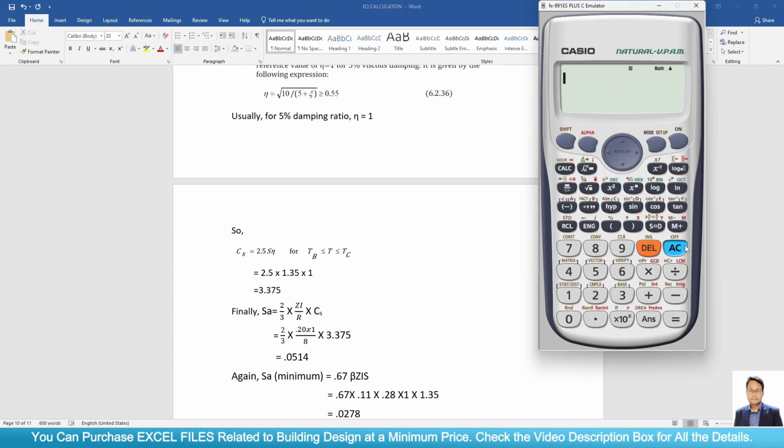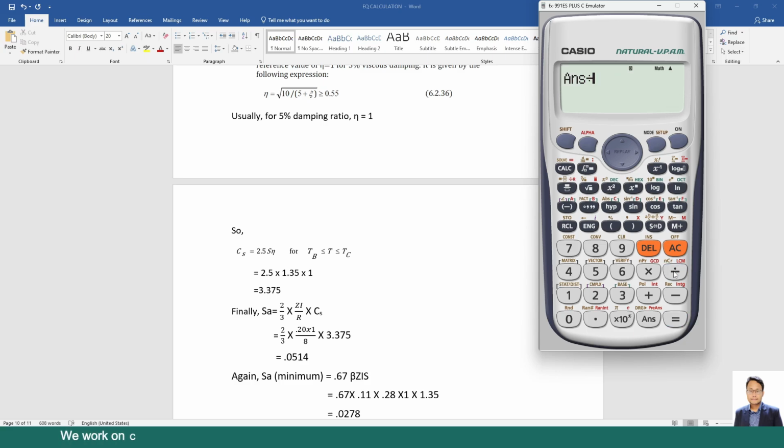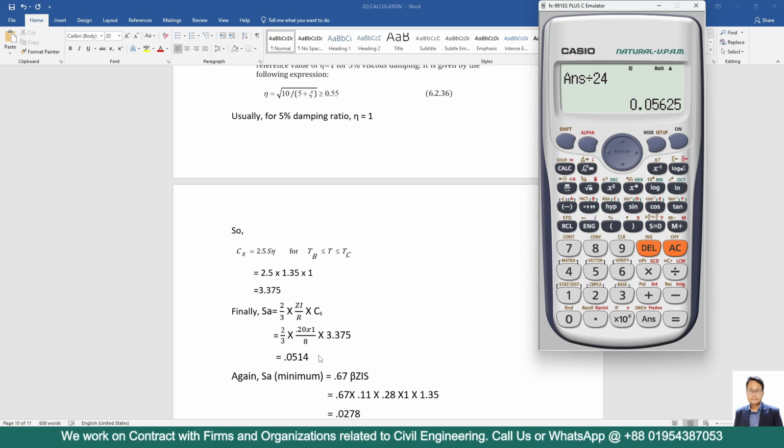So we can calculate this as 2 into 0.2 into 3.375 divided by 24. That means 0.056.